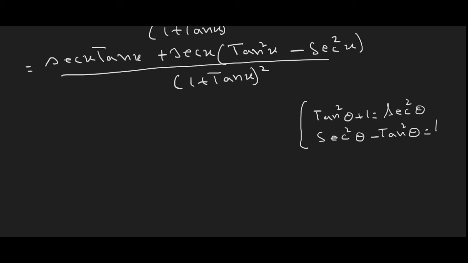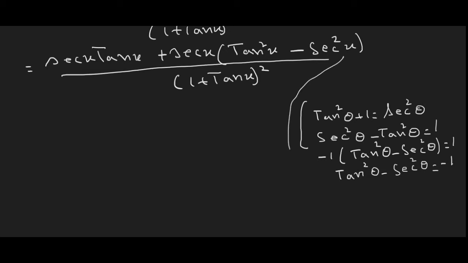So if we take minus 1 common, rearranging, tangent square theta minus secant square theta is equal to minus 1. So now this we can replace in the formula.